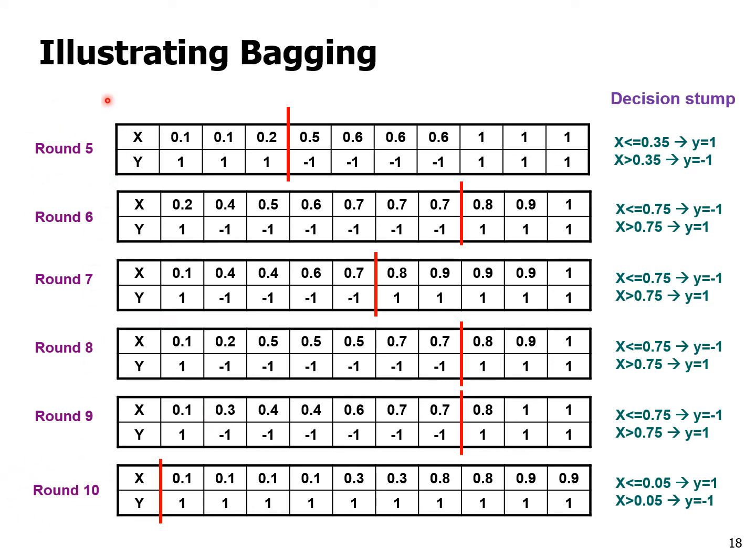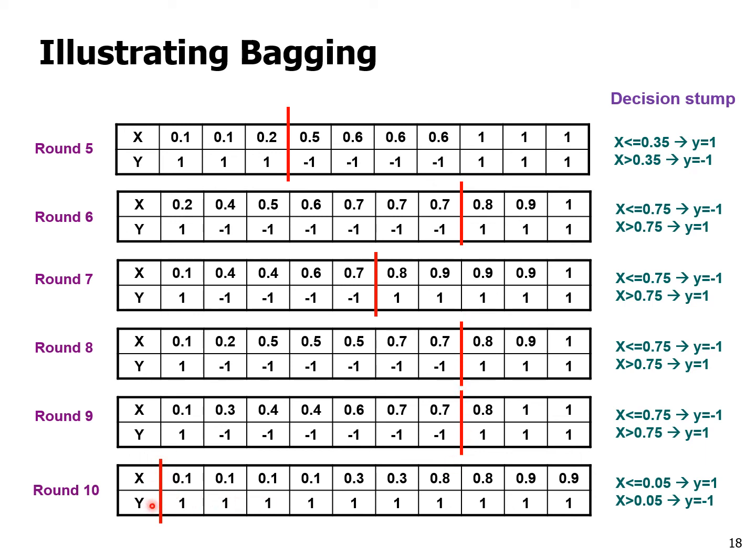In round 5, we have this sample, and we draw a decision stump like this: every x value less than this has class value 1, and every x value greater than this has y value -1. In this case these three are errors, etc. For round 6, this is the decision stump. Everything here is -1, everything here is 1. Then round 8, round 9, round 10.